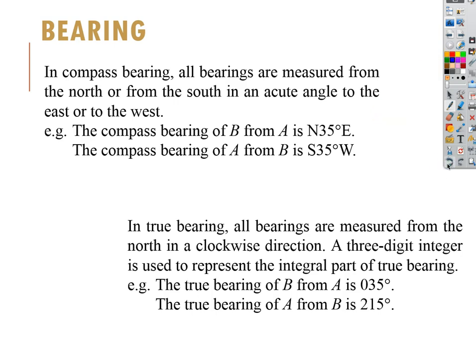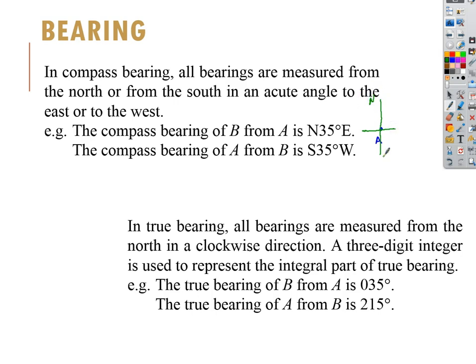What does that mean? Let's do the compass bearing of B from A is north 35 degrees east. I start here at A and I'm going to go to B. I draw myself a little compass at the point A and label my north.